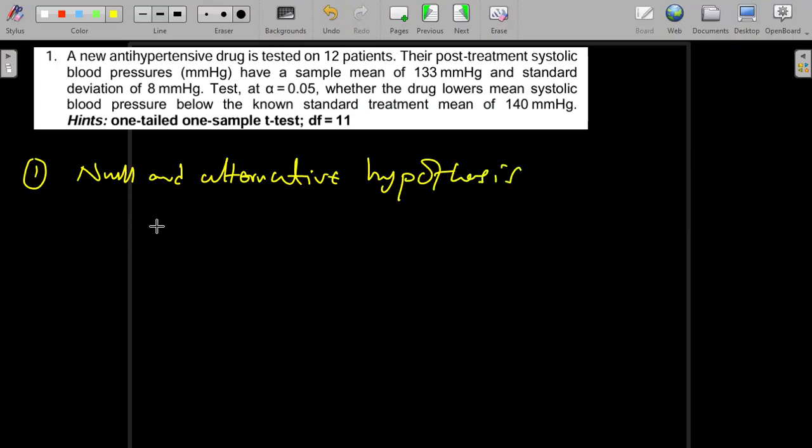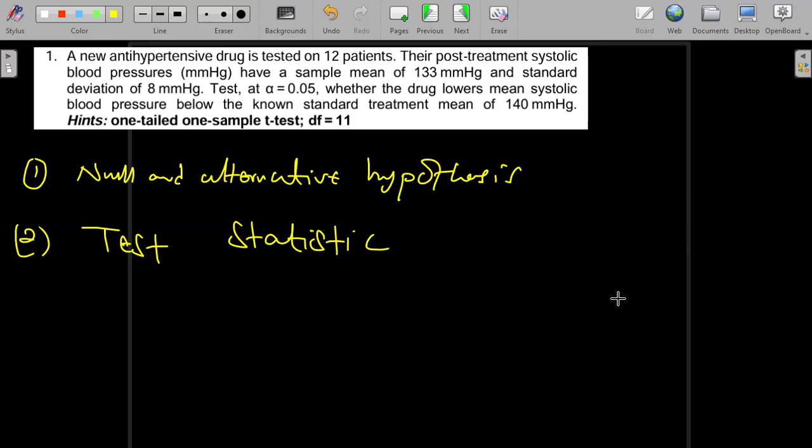Once you identify your null and alternative hypothesis, you have to identify what we call your test statistic. Here is where you ask yourself, am I going to use the Z test or the T test? Usually if the sample size is less than 30, we use the T test, and if it's greater than or equal to 30, we use the Z test.